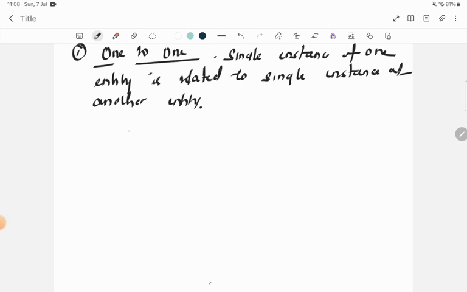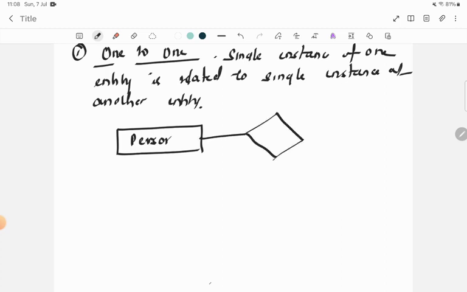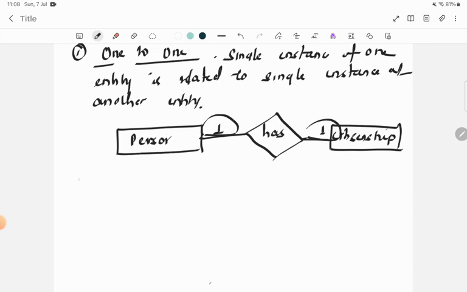For example, if you are a person, you can have only one citizenship. It means that one person can have only one citizenship. So this is called 1 to 1 relationship.